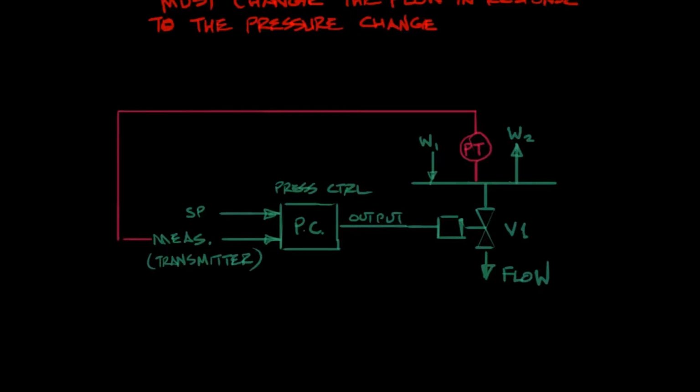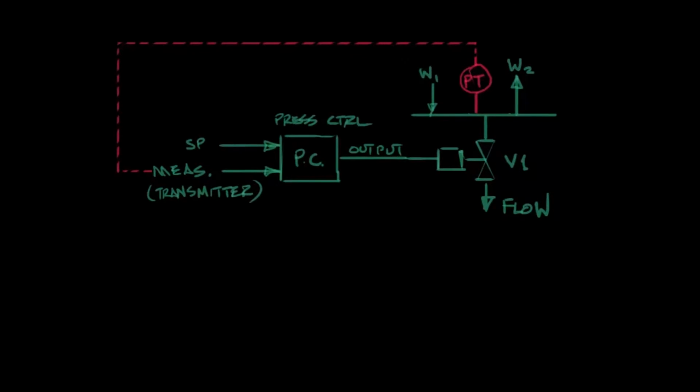So we'll draw a line around to our measurement on the pressure controller, and what we've got now is a closed loop control system. The pressure controller will open or close V1 to balance the flows in and out of that header to keep the pressure constant. So if W1 is equal to W2, V1 doesn't need to do anything.